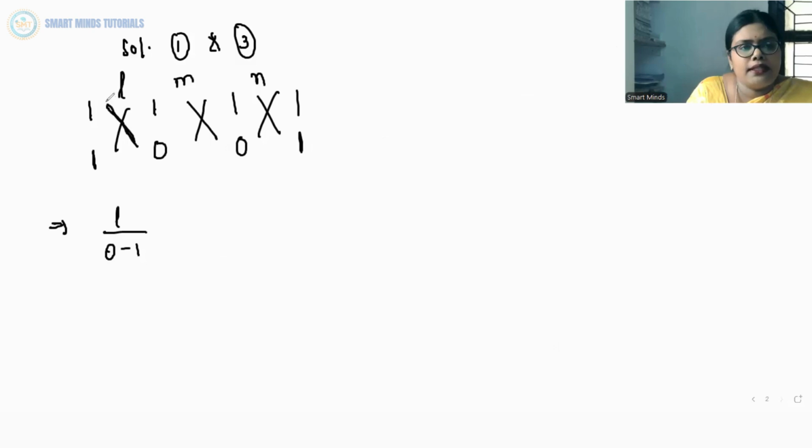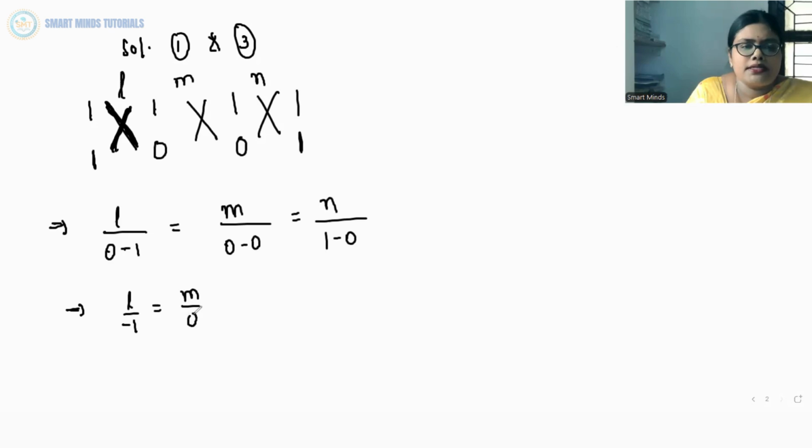First you multiply this, minus, then you multiply this. Understood? That is equal to m by 0 − 0, that is equal to n by 1 − 0. So l by −1 = m by 0 = n by 1. Whatever numbers you got below l, m, n, those are the direction ratios of the first line.